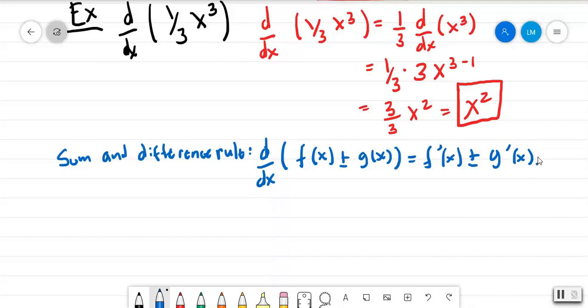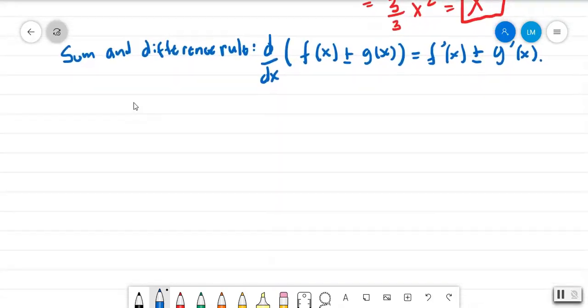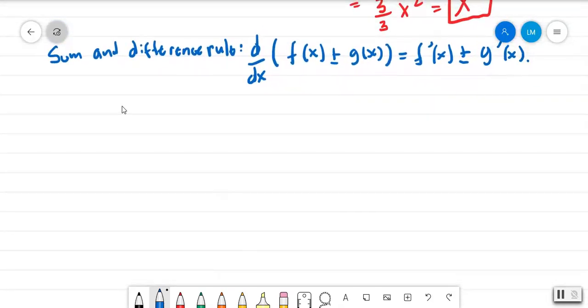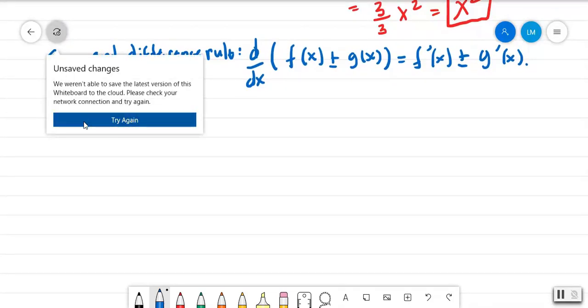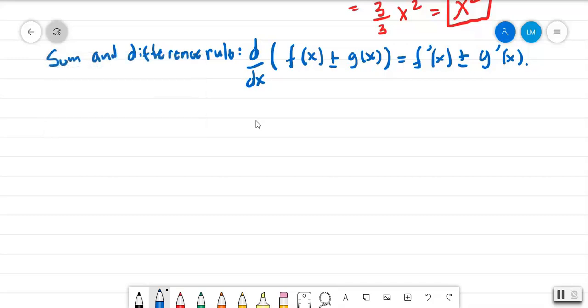Now there is a way to prove this, but it requires that you take the derivative of the whole thing and then show that you end up with just the sum of those two. Okay, now in this sense that just means that if we take the derivative of the combination, like the sum of it, then it's the same thing as taking the derivative of each one individually.